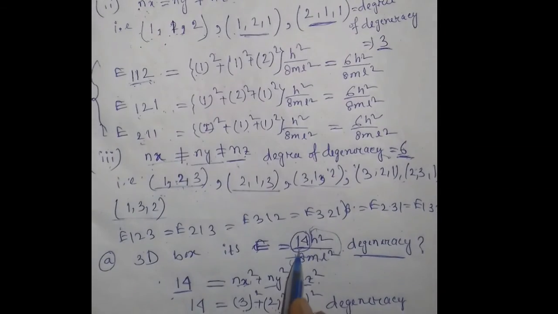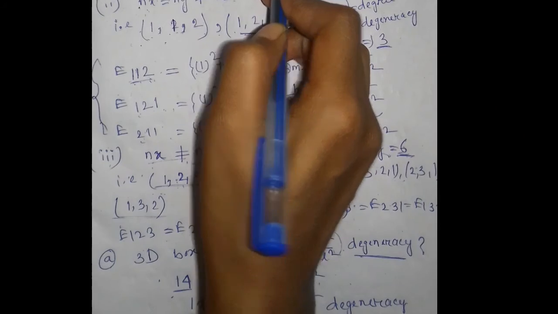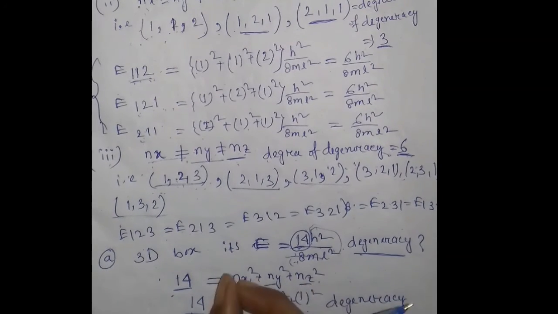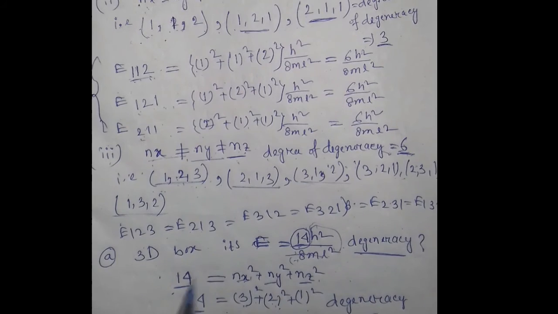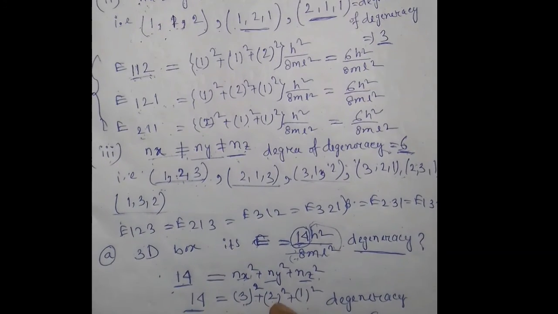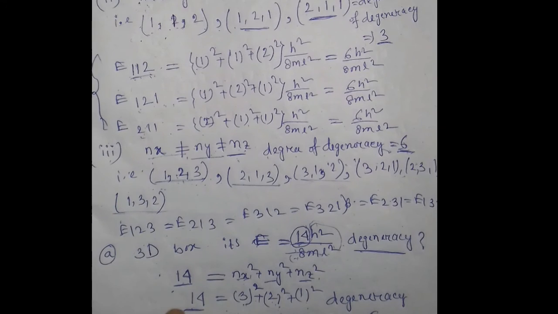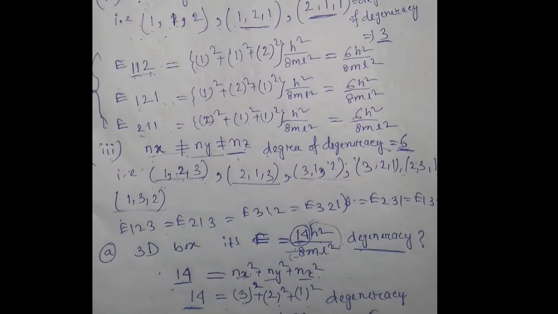That means 14 equals nx square plus ny square plus nz square. The addition of the squares of these three quantum numbers gives 14, and we have to put in such numbers that we get the value 14.